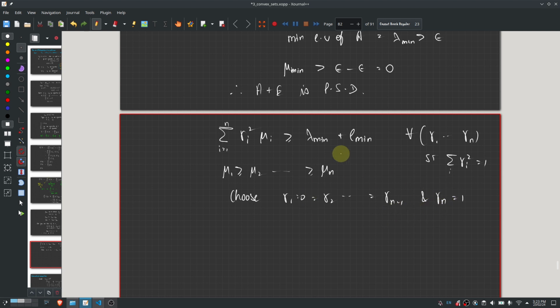Now even for this choice of gamma, this should be greater than or equal to lambda min plus rho min, right? So, but what is the left hand side equal to? It is just mu n, greater than or equal to lambda min plus rho min. But what is mu n? That's just mu min.